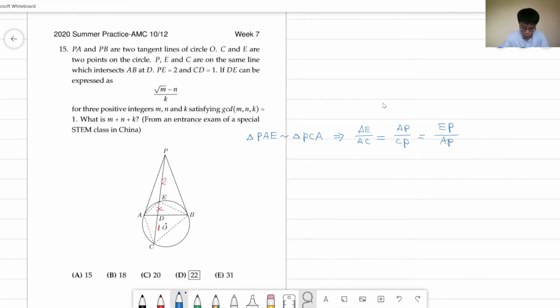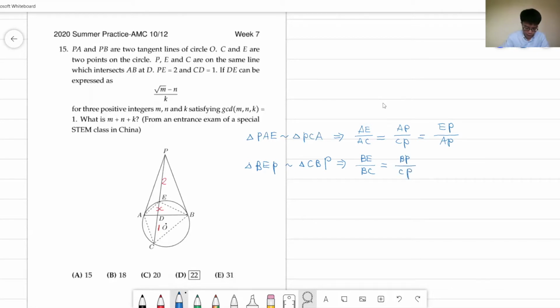Also, on the right part, we have triangle BEP similar to triangle CBP. This implies BE over BC equals BP over CP.